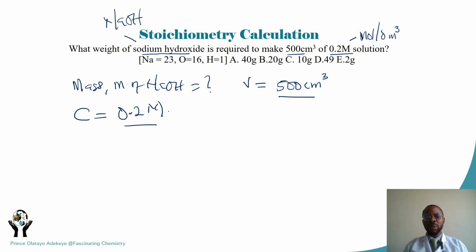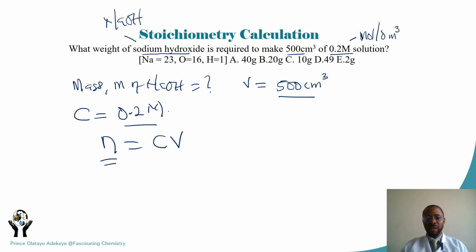Anytime the question is talking about only a compound, one of the formulas that is always very applicable is N equals CV. In this case, your C is your molar concentration, which is given, and V is your volume, which is also given. So from there, we can get our amount, which is N, from which we can get our mass. So from N equals CV, we know our C to be 0.2 molar, and our V is 500 centimeter cube.